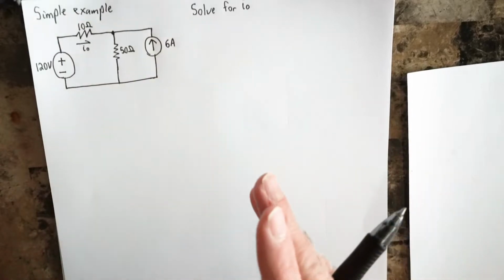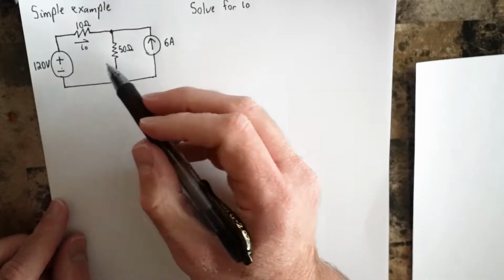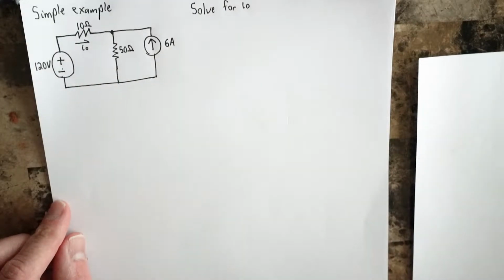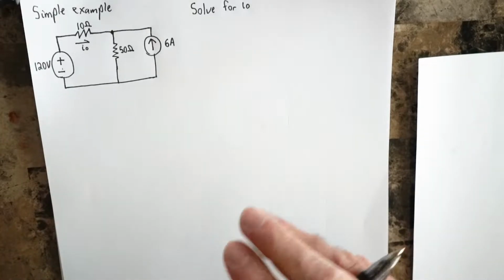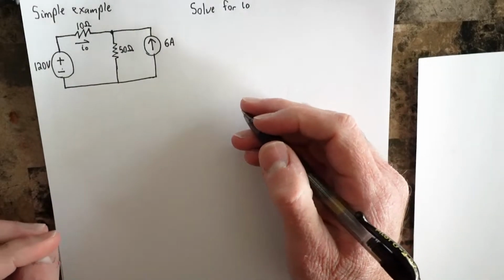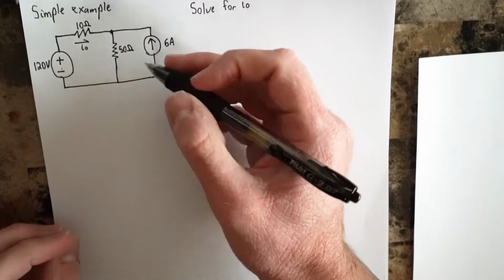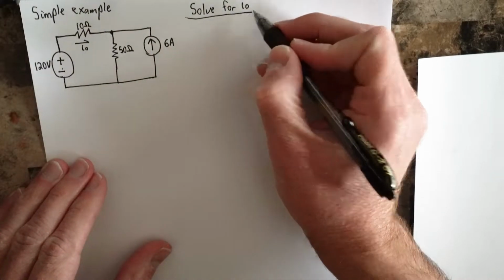All right, so within this circuit we have two loops. We have two dependent sources here. One thing that I always like to do when I'm solving a circuit is to begin by labeling all of my voltages and my currents. So we've got I0 because in this problem we want to solve for I0.